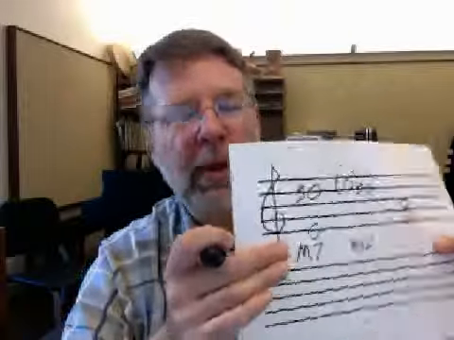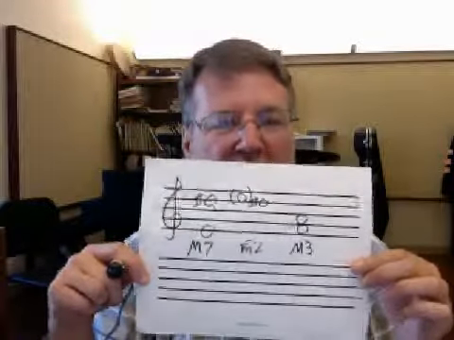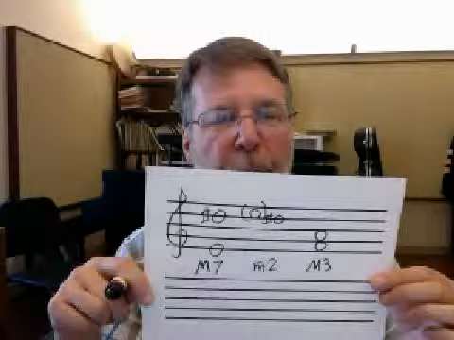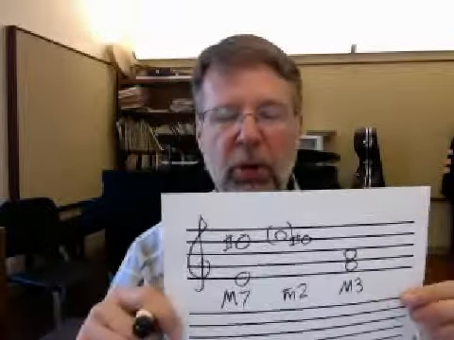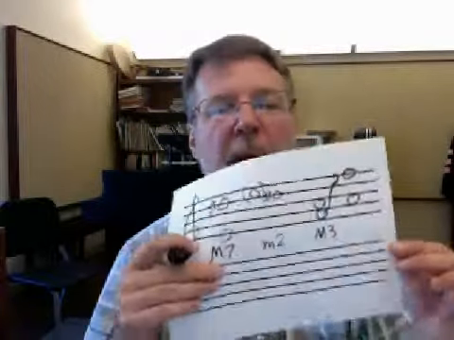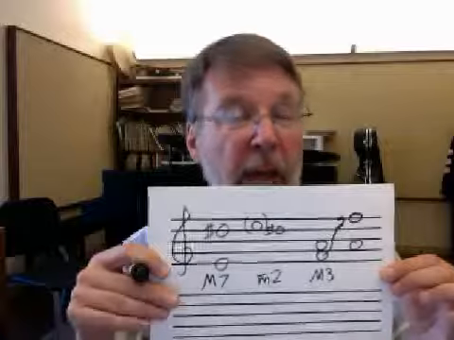Now, if you have something like a major third here from F to A, that's easiest to figure out by counting up F, G, A. And if you invert it and you take the F and you put it over the A, like this, then you would subtract 3 from 9, and you know that's a 6.